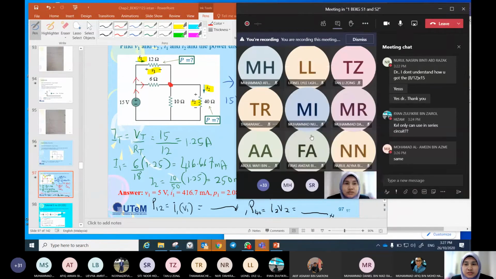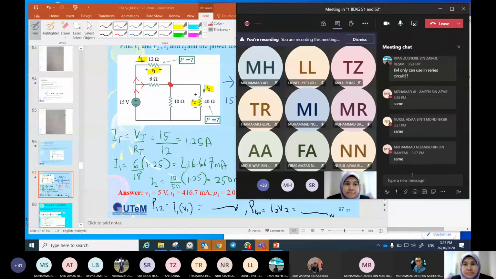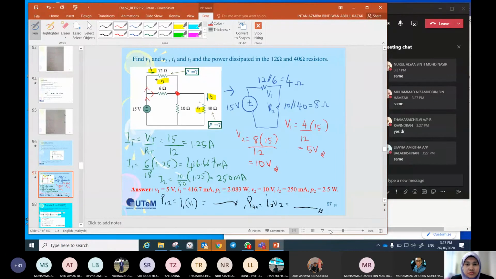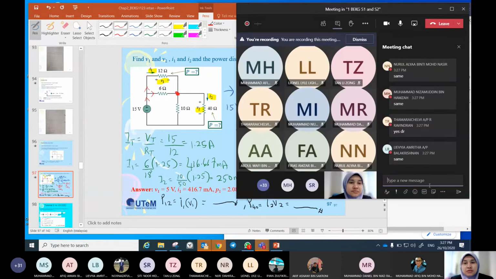Tamarai Chelvi got the same answer? Same, okay, good. So now, any question for this circuit? No? Please type no. Type no here.